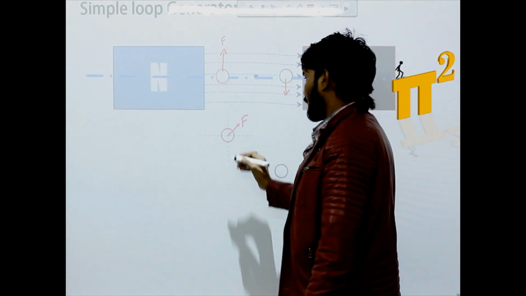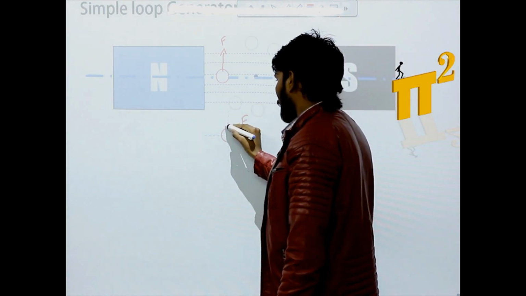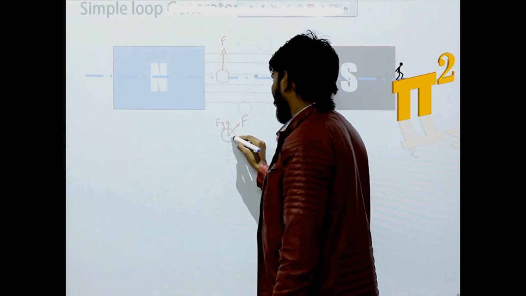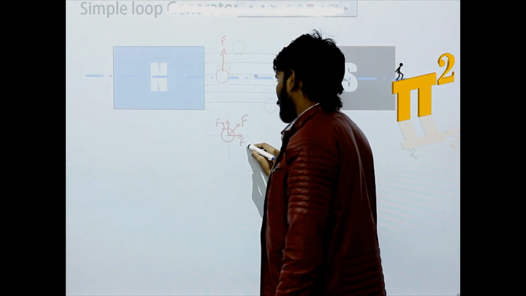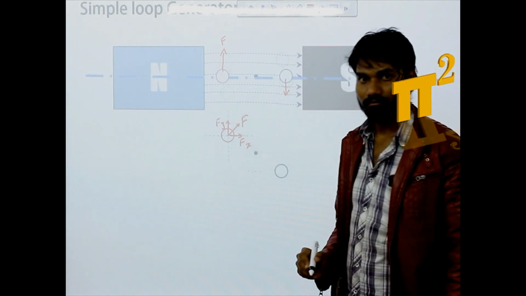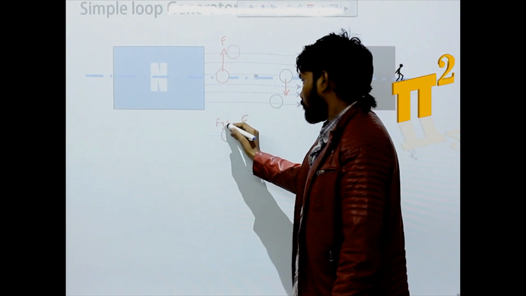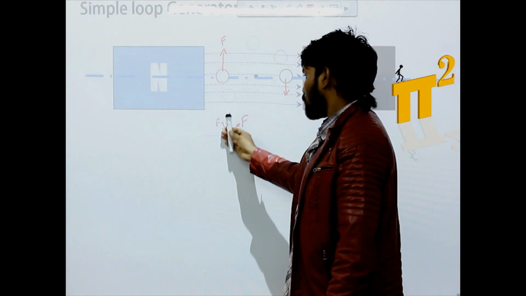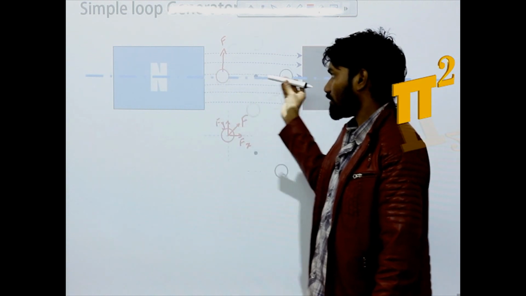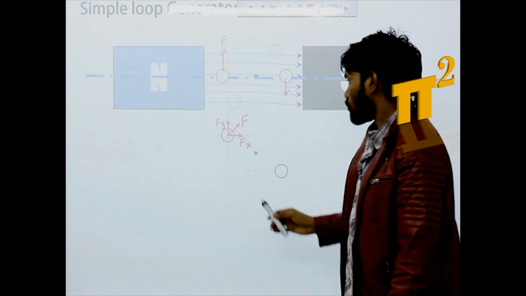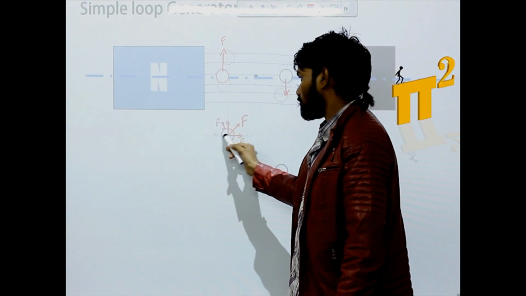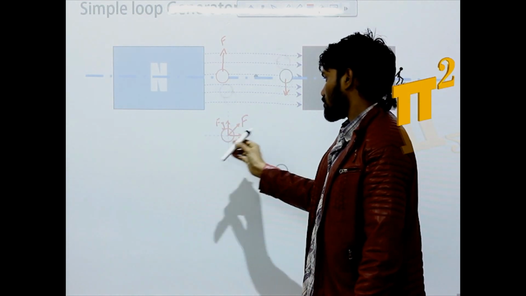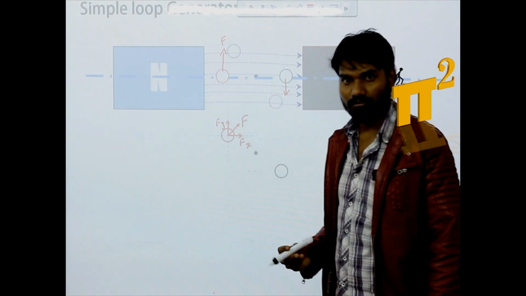This force can be written as two forces, one is y-axis force, another is x-axis force. Out of these two forces, the y-axis force is the one which is perpendicular to the field. So the y-axis force is responsible for EMF induction, not the x-axis force, not the tangential force.